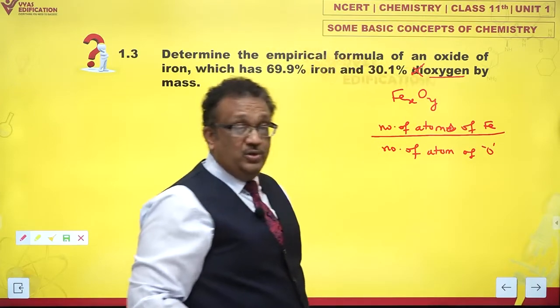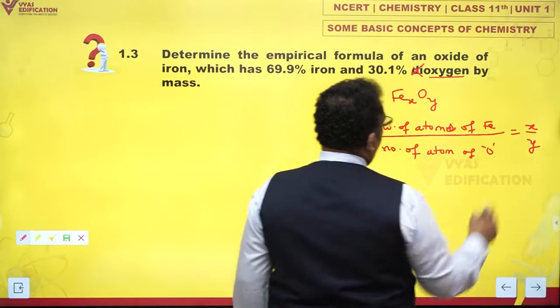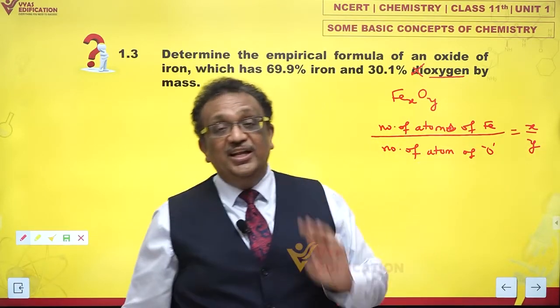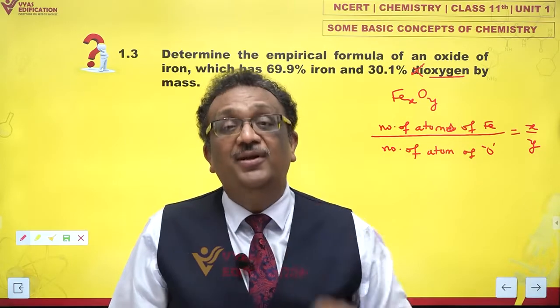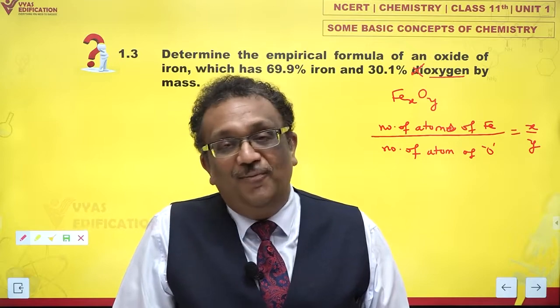Please note, it is not O2, it is oxygen. That ratio comes out to be x upon y, because if iron is x, oxygen is y. It just indicates the ratio, and the minimum integer ratio is called the empirical formula.